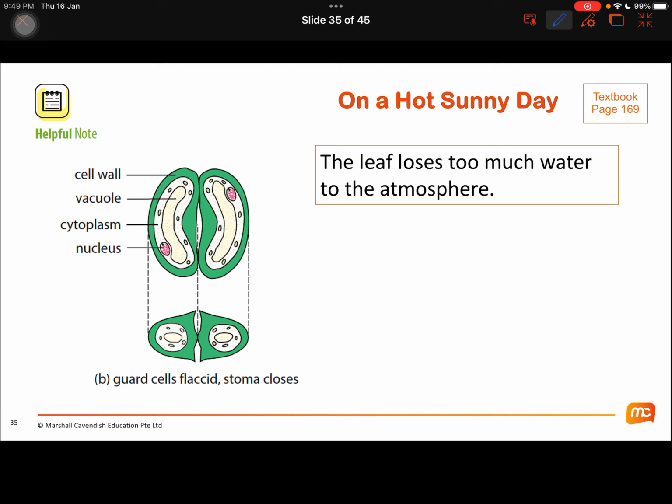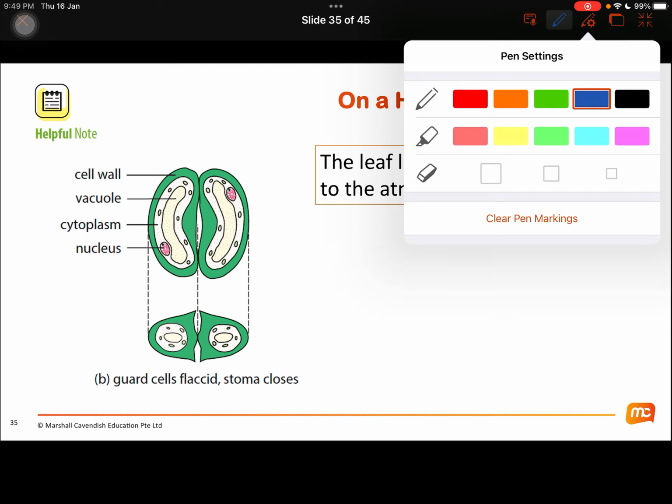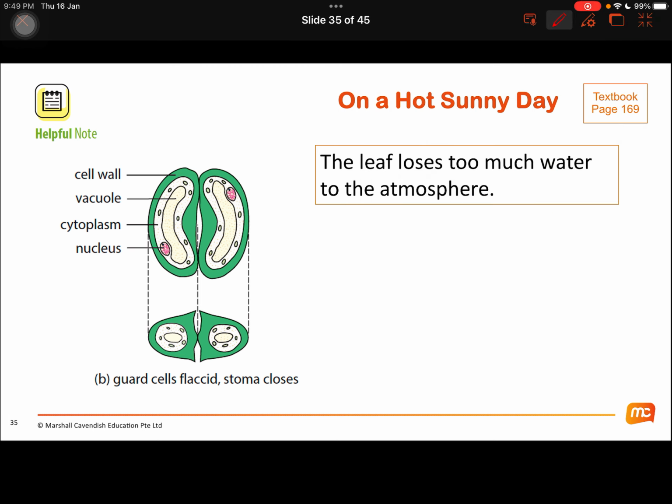Another thing to take note, when it is very hot and sunny, it causes water to evaporate faster via evaporation. Right, so the rate of evaporation increases as a result of that. And when the leaf loses too much water, the guard cell will also lose a lot of water to the surrounding.